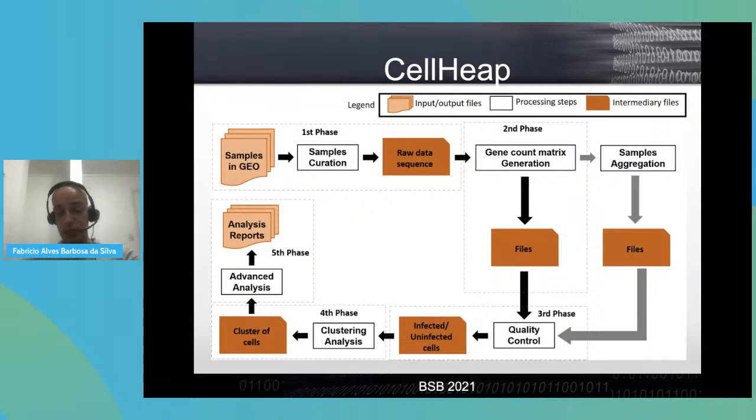There are several algorithms that you can use in the fifth phase, but the choice of algorithms for this particular phase will depend on the biological question that is associated with that particular run of CellHeap. So I will present in a little bit more detail each one of the phases.